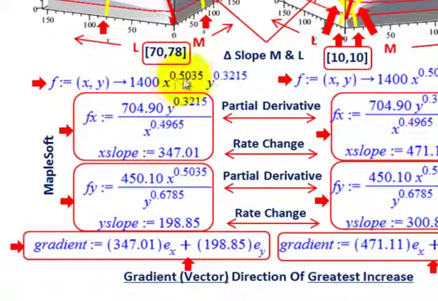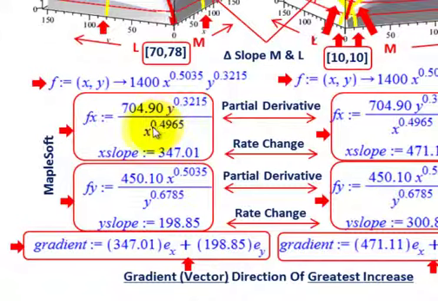First, you take its exponent times the coefficient of 1400, and you get 704.90. Then subtracting 1 from that exponent, because it becomes negative, puts it in the denominator. You started out with 0.5035, subtract 1 from it, and you get 0.4965 in the denominator.